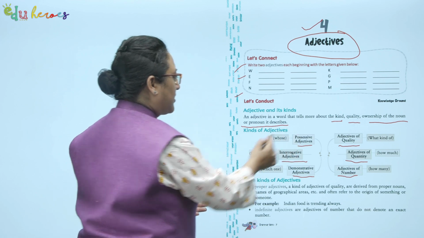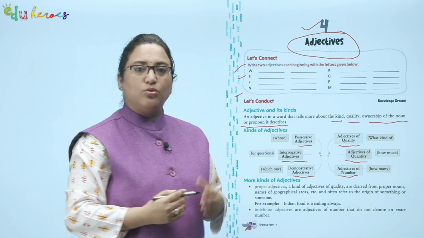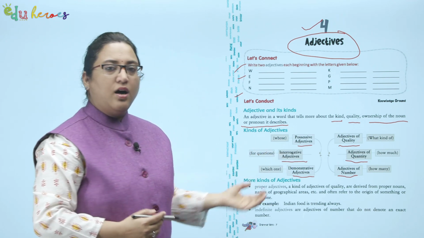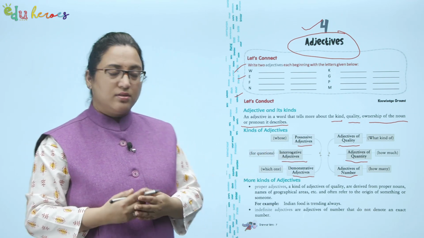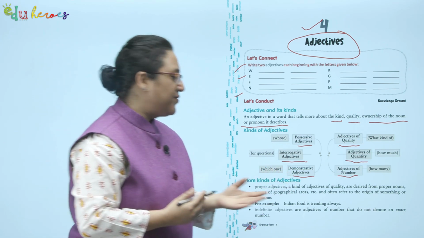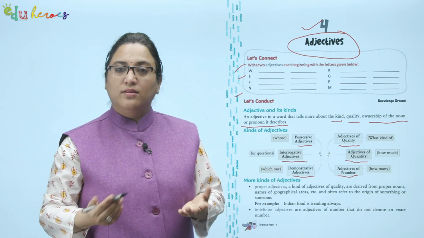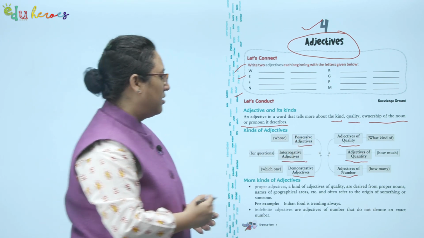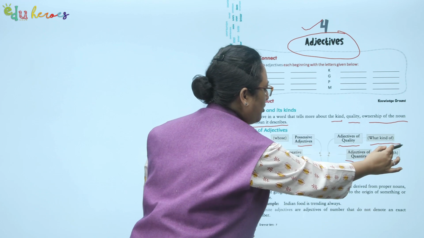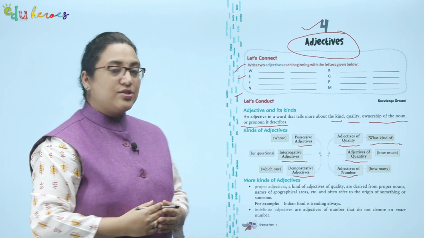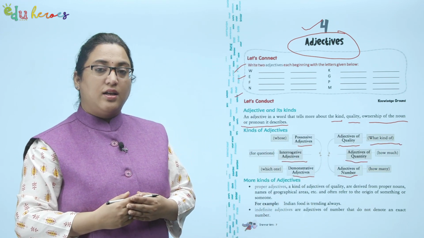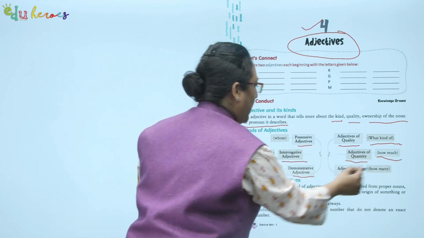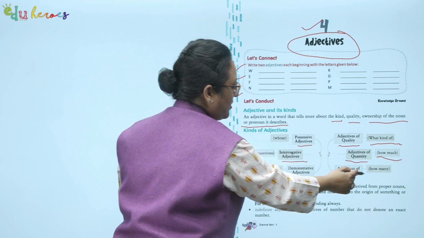So possessive adjectives tell us about ownership, whose. Interrogative adjectives are more about questions. Demonstratives show which one. Adjectives of quality tell us what kind of. Adjectives of quantity tell us how much. And adjectives of number tell us how many.